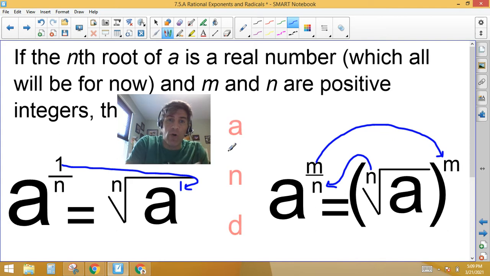It's the same rule, but we don't really ever need an exponent of 1. So if we have a number to the exponent of a fraction, the numerator is going to be the overall exponent, and the denominator of that fraction will be the index of the radicand.